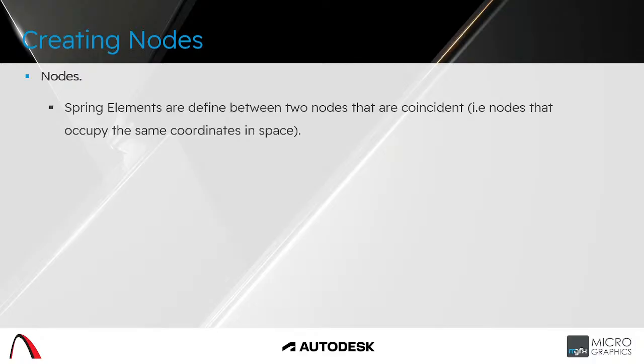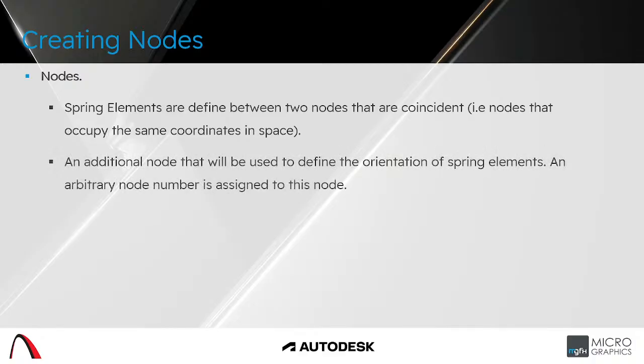You model two separate nodes, and they are coincident, on the same coordinates as each other, for the slab as well as for the support that you will provide, and in between you will have that spring element.